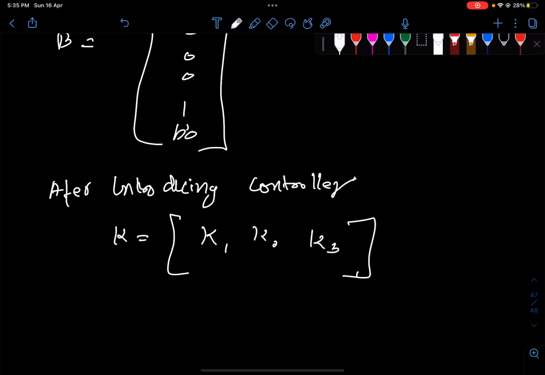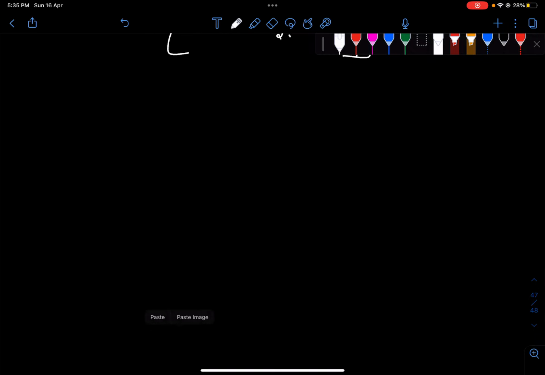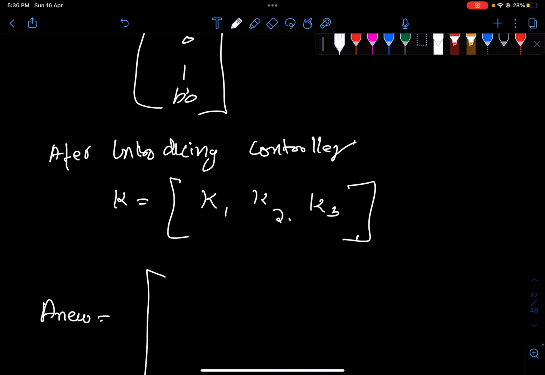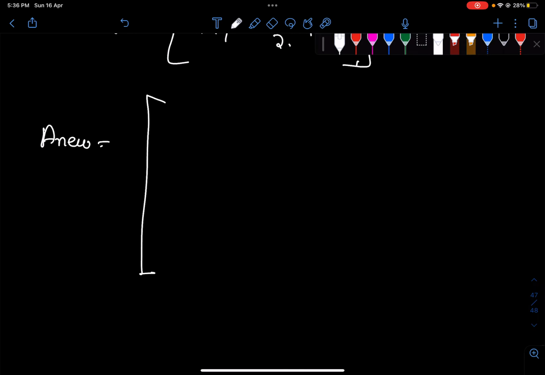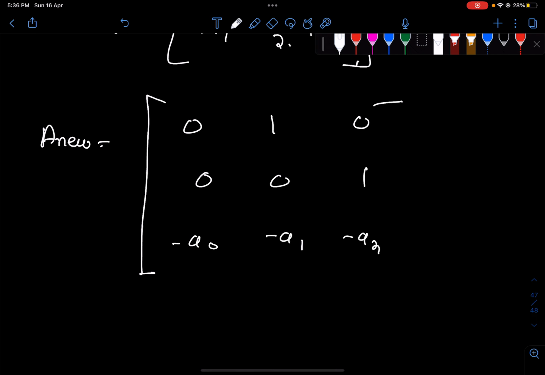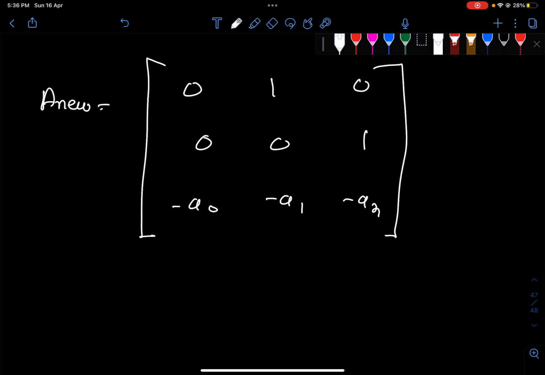How many states are there? We should control those states independently. So it will be a new row matrix K1, K2, K3. So right now our new A will be A minus BK, right? If there are 3 state variables, it will look like 0, 1, 0, 0, 0, 1, minus a0, minus a1, minus a2 was our old A matrix.